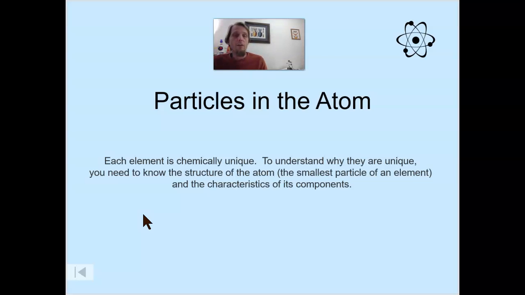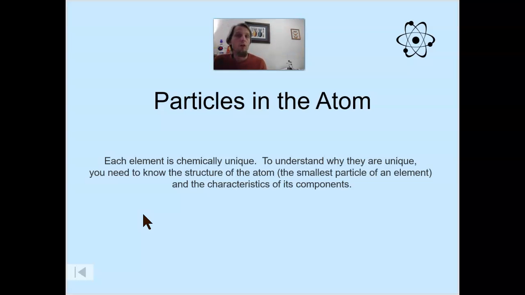To understand why they are unique, you need to know the structure of the atom, and that is the smallest particle of an element. Are there smaller things than an atom in the universe? Well, if we hold to the two things that we just spoke about, Aristotle and even the Bible, then yeah. And it is true.